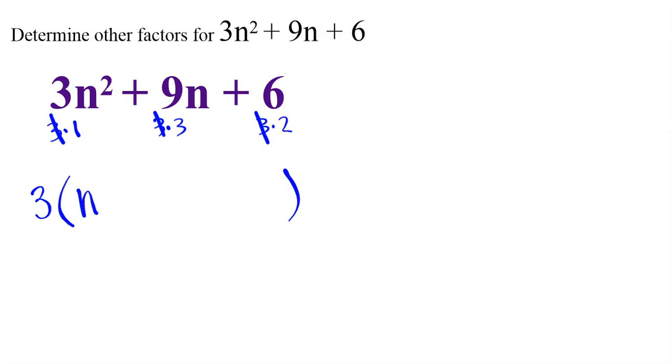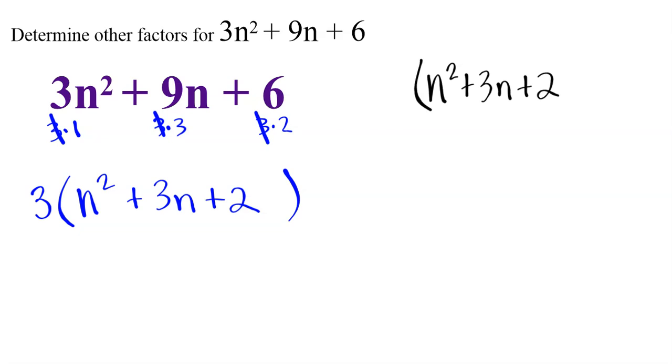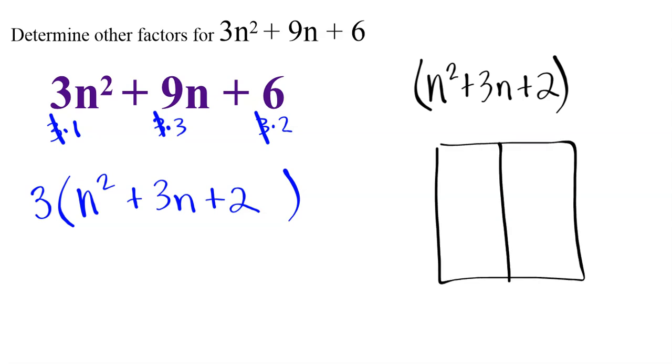So we have an n squared plus 3n plus 2. And now it's a lot simpler to deal with. So then if we take this over here, and we do our magic on the n squared plus 3n plus 2 part, the part that's in the parentheses, what we end up with is something that looks a little bit like this.